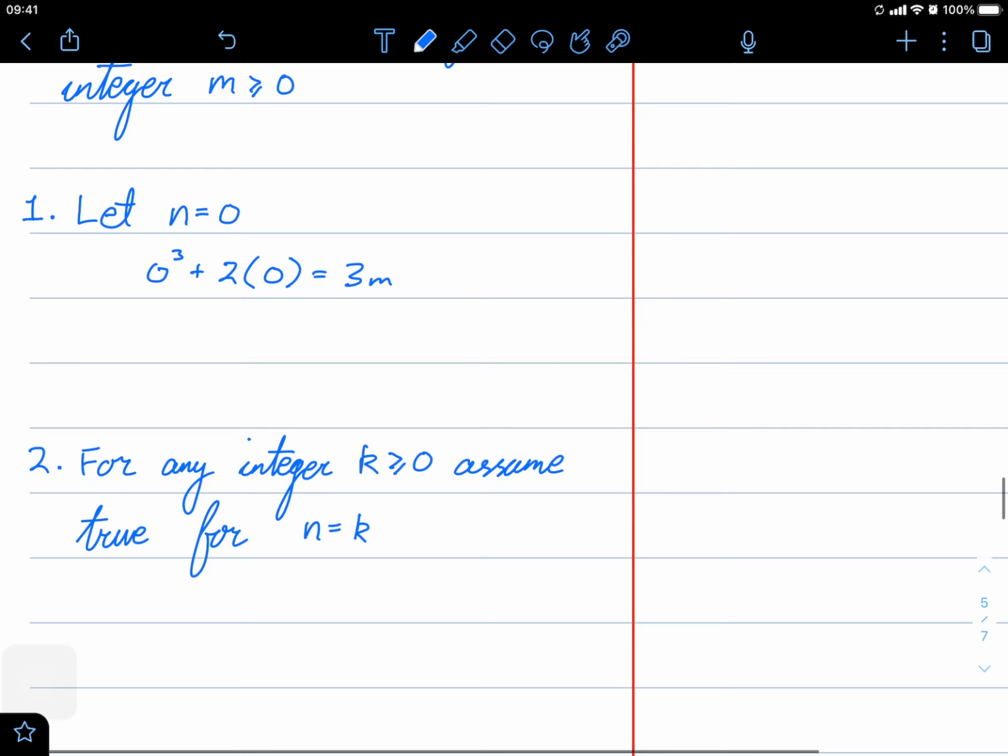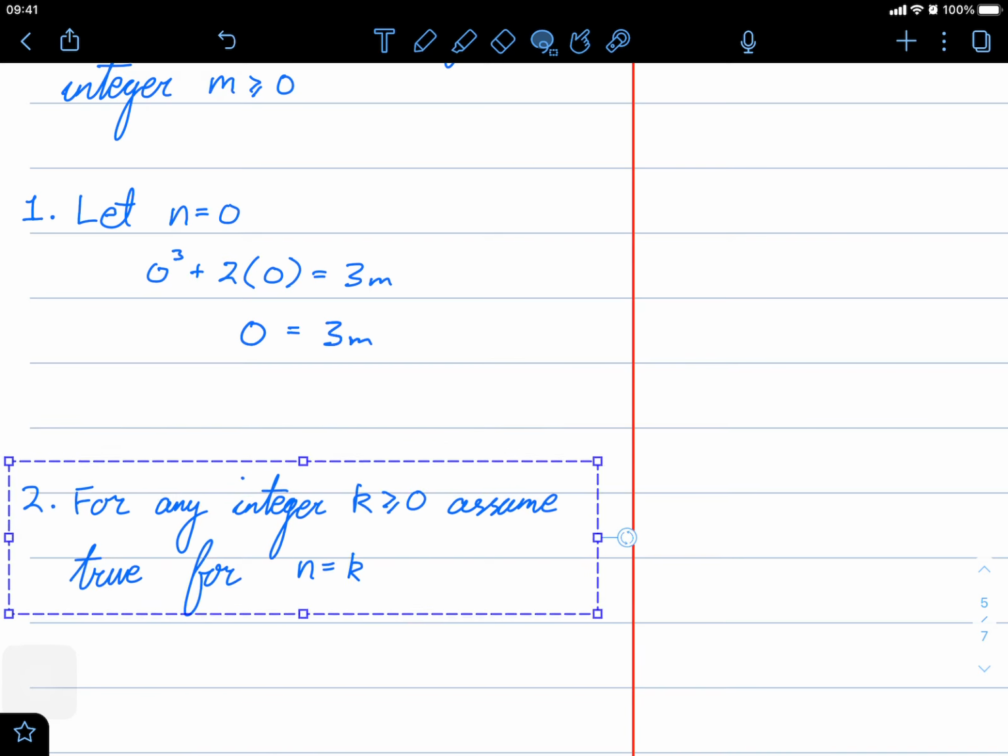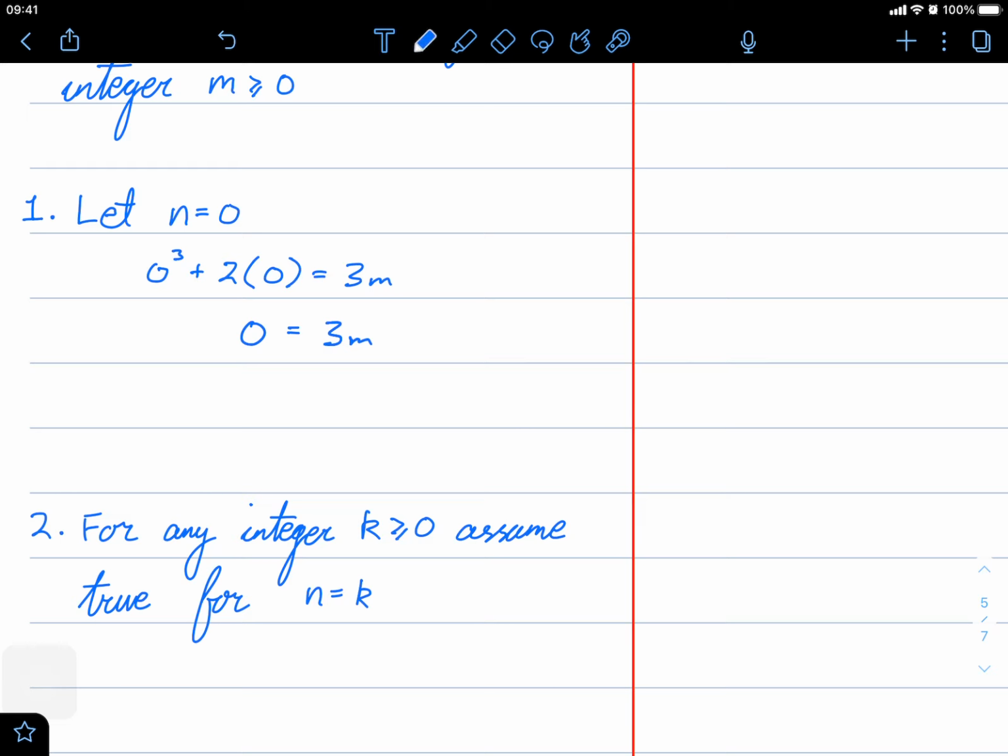We get 0 cubed is 0, plus 2 times 0 is also 0. 0 is equal to 3m. So this is true for n equal to 0, since m can equal 0 in this instance.